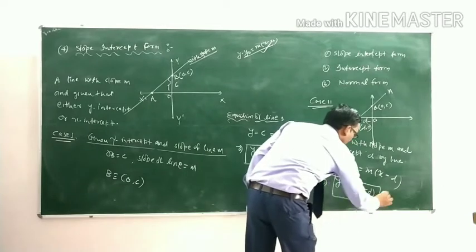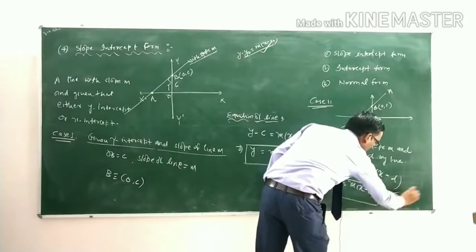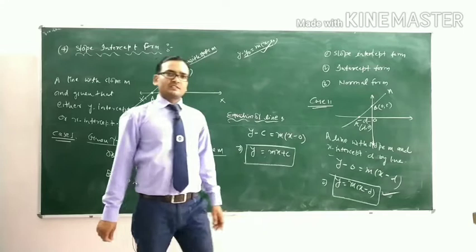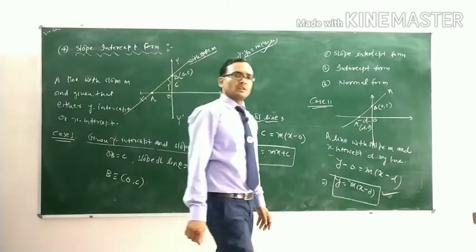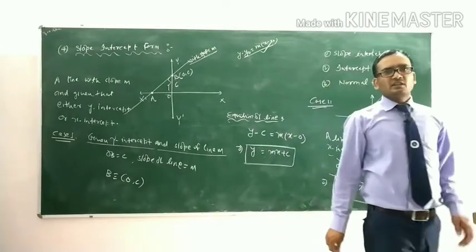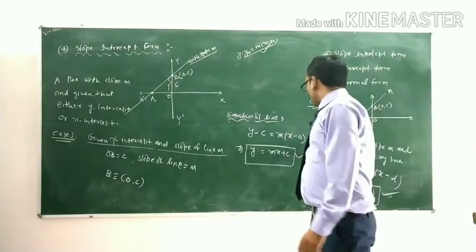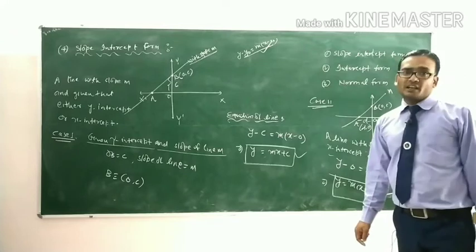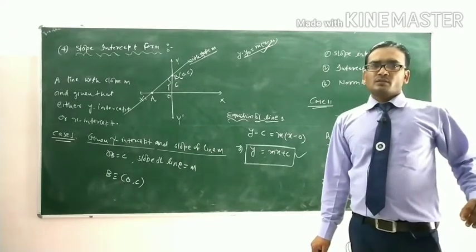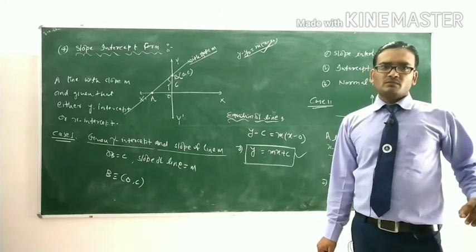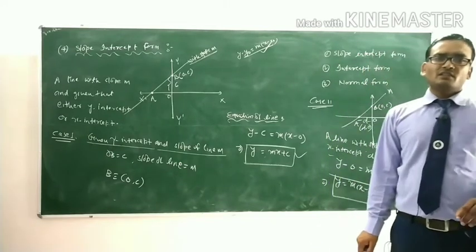This is the equation of the line which has slope m and x-intercept d, and this is the equation of the line which has slope m and y-intercept c.